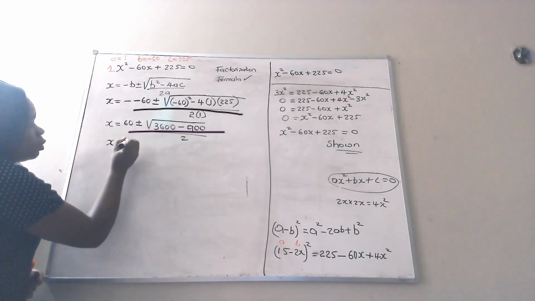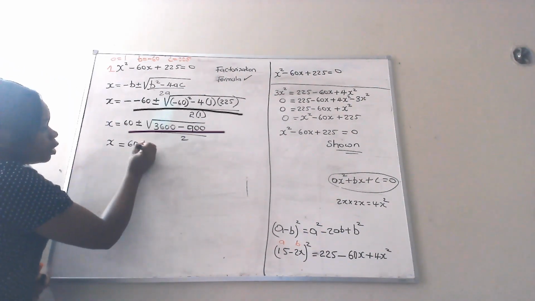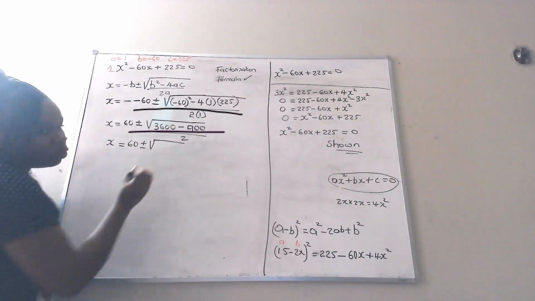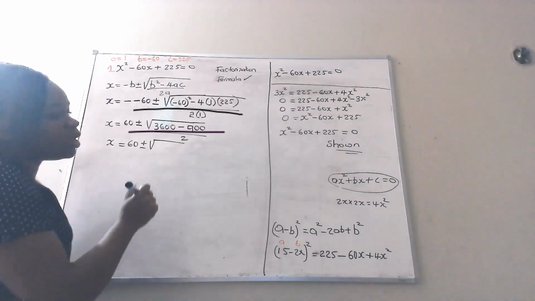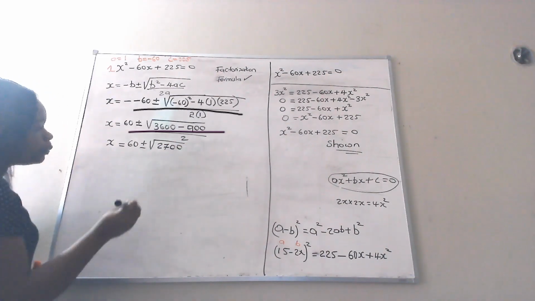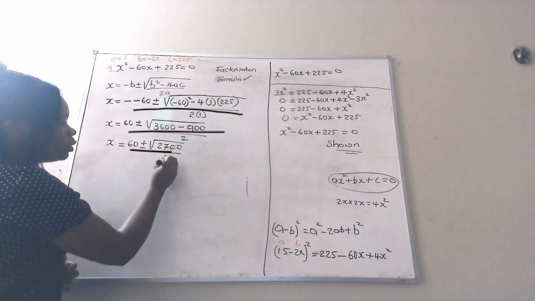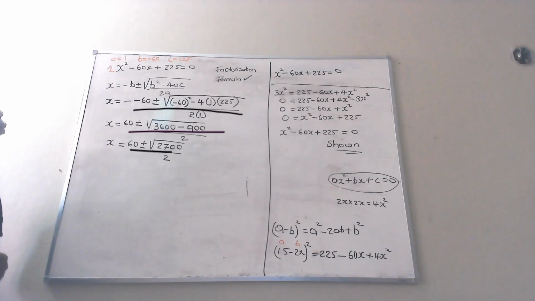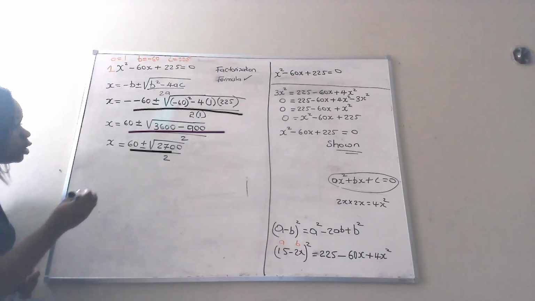So x is equal to 60 plus or minus the square root of 3,600 minus 900, 2,700, divided by 2.